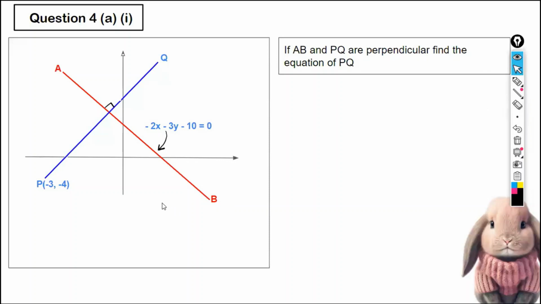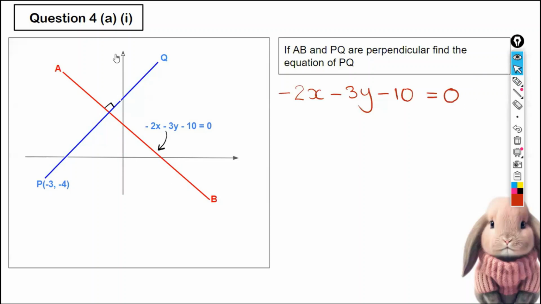We know all straight lines have a general format, y equals mx plus c. Straight lines tend to have things like a gradient and a y-intercept. Let me write the equation of the red line for you. We were given that the equation of the red line was -2x minus 3y minus 10 is equal to 0.